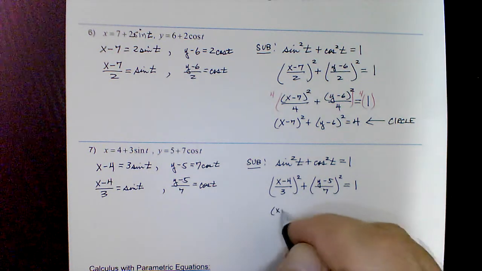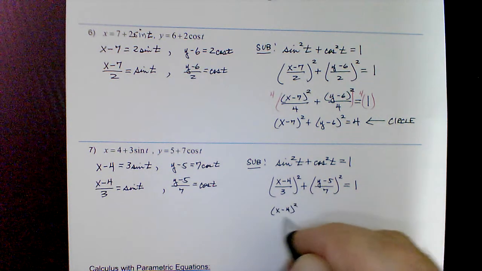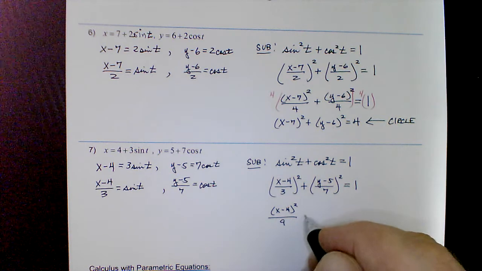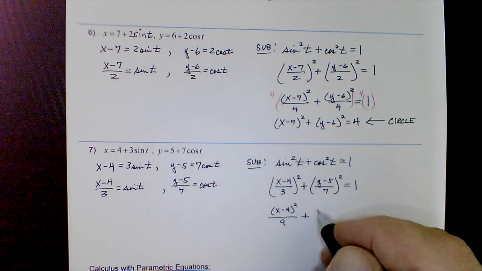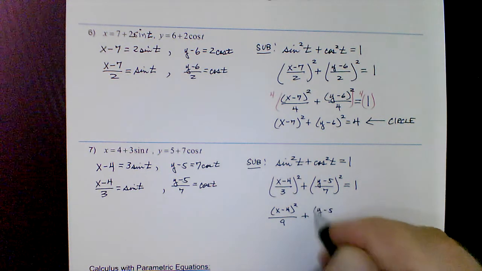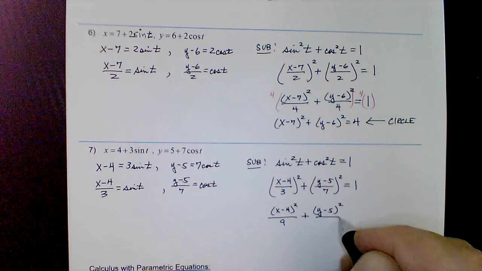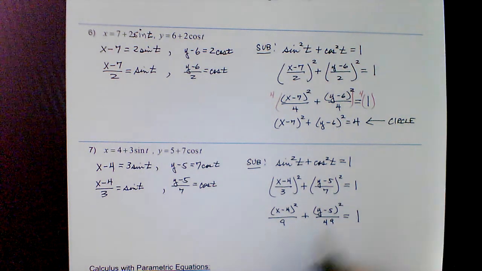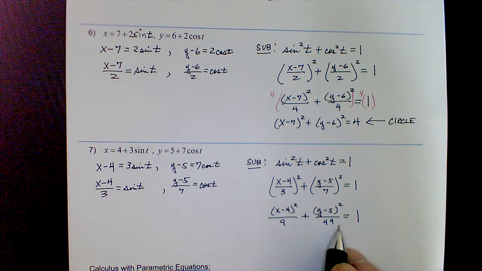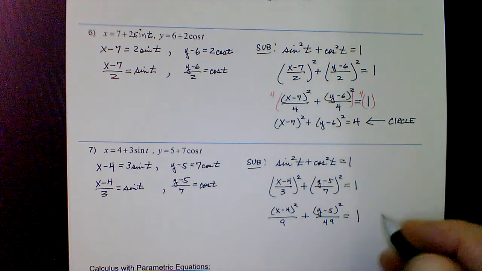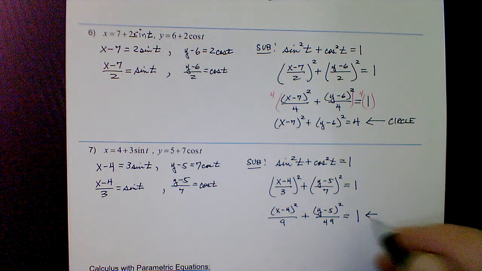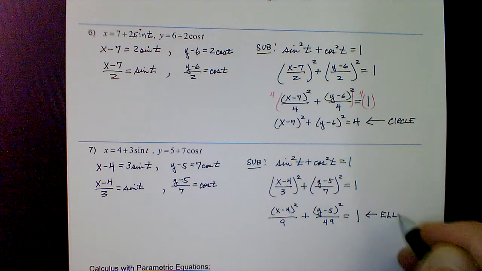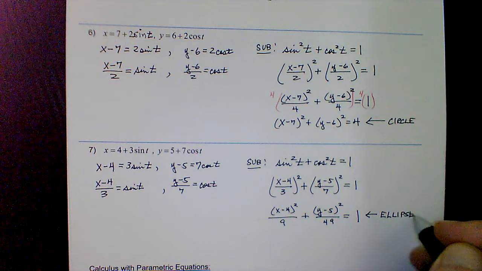Again, I'm just going to square the numerator, leave it as a binomial squared, square the denominator, 3 squared is 9. Similarly here, y minus 5 binomial squared, 7 squared is 49, equals 1. Now since these denominators are different, then we know that it's an ellipse, and we'll leave it that way because that's standard form.